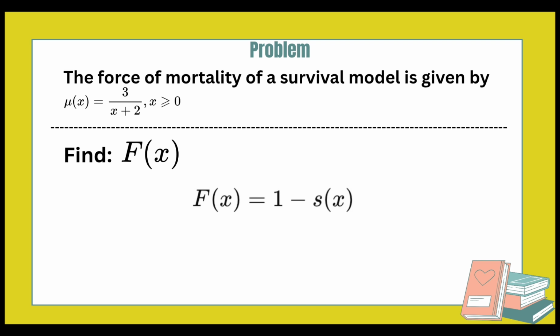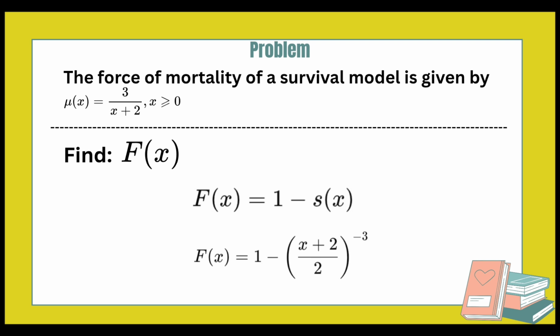Using the expression we found for S of x, F of x equals 1 minus ((x plus 2) over 2) raised to negative 3. So this is our cumulative distribution function.